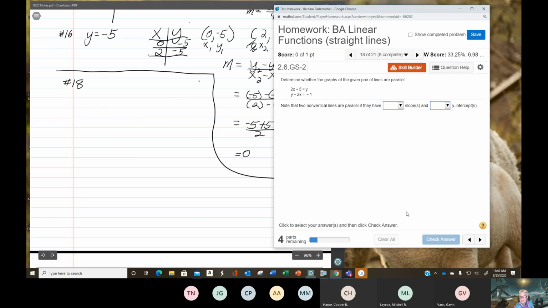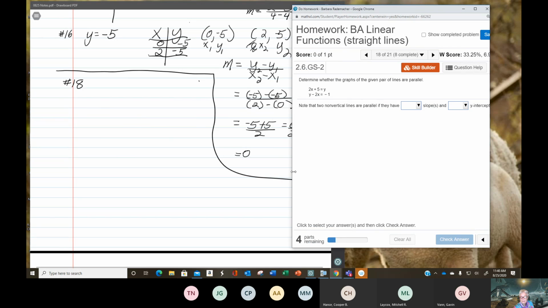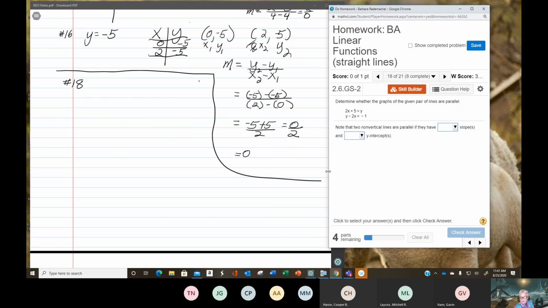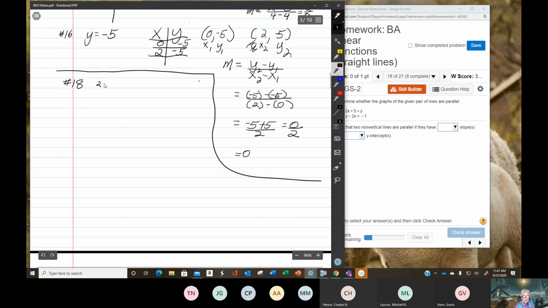So, we're going to have 2x plus 5 equals y. Well, this is the same thing as y equals 2x plus 5. So the slope is 2.